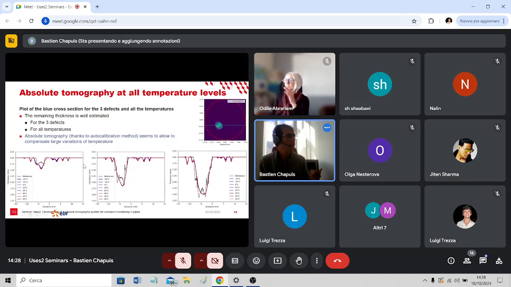We capture mainly the geometry of the defect, and there is not a lot of variation between the estimations at different temperatures, even if we have a very large temperature range. Here we have 70 degrees of temperature range, and this is possible thanks to the auto-calibration method that I mentioned earlier.